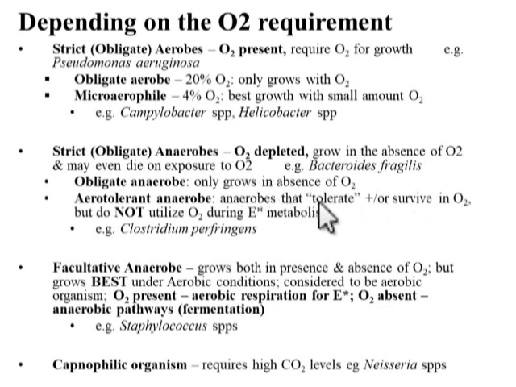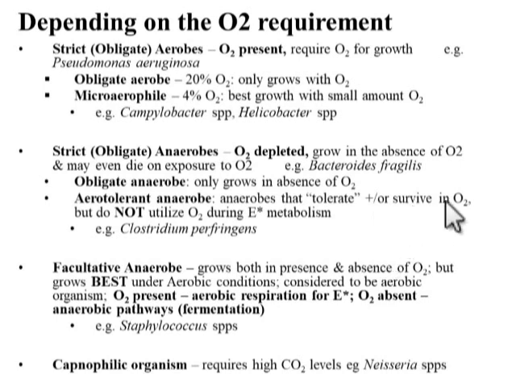That is the obligate anaerobe that only grows in absence of O2, and you have the aerotolerant anaerobe, which can survive in O2 but will not utilize O2 in the energy metabolism. So these aerotolerants could also be classified as facultative anaerobes.